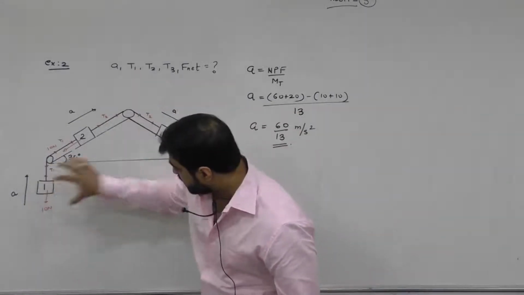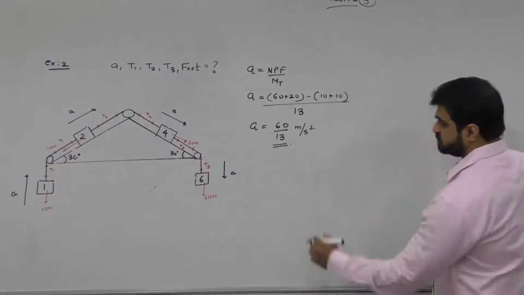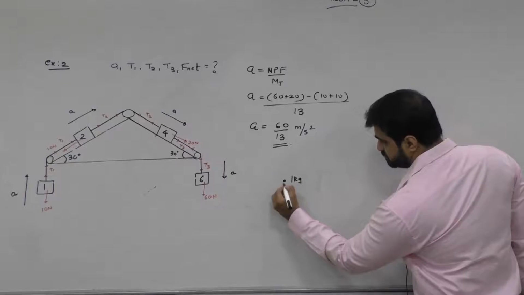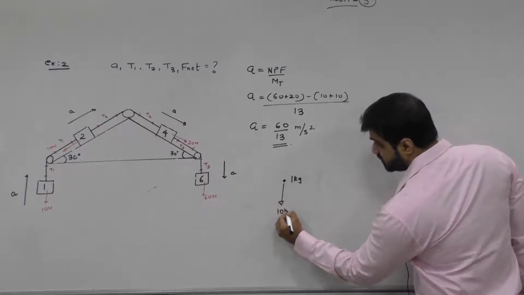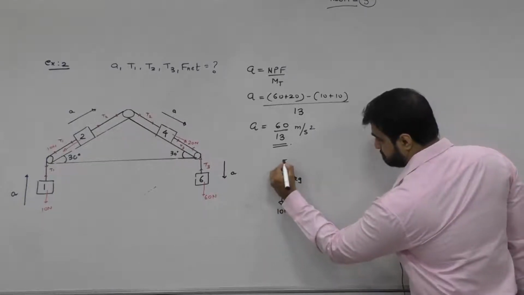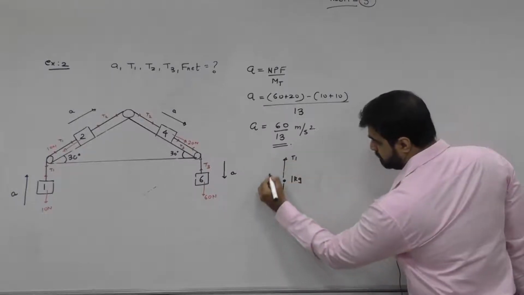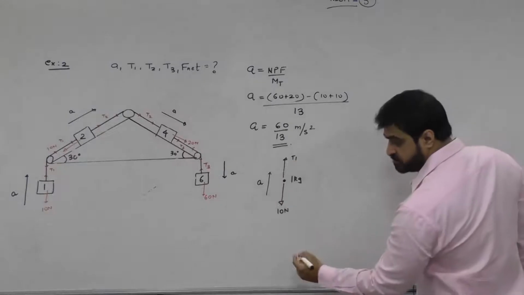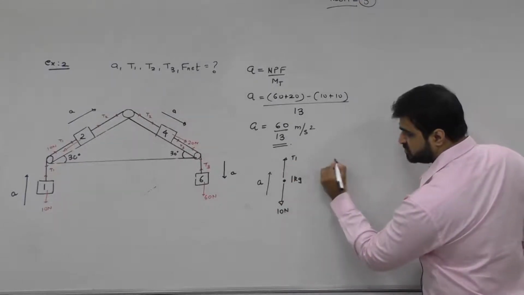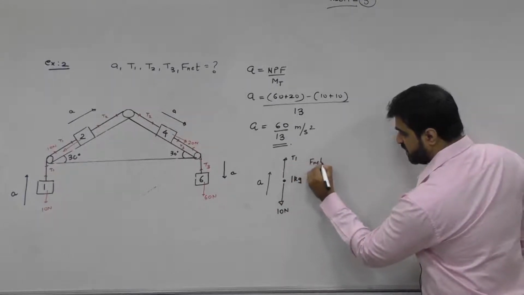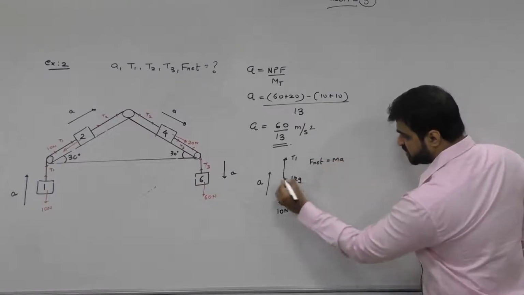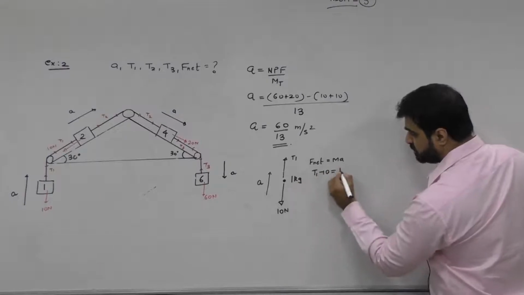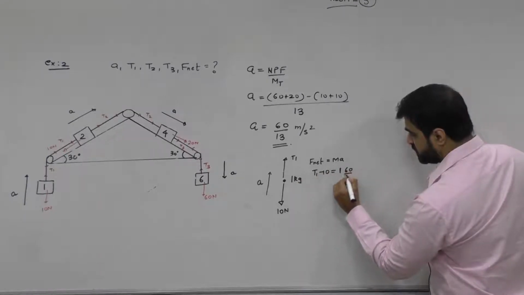Now I need T1. For getting T1, I'll break this. How much is that? 1 kg. 10 Newton. T1 is up. Apply net force is ma. Come on, apply fast. Net force is ma. Net force will be T1 minus 10 is m a. What is m? 1. And what is a? 60 by 13.